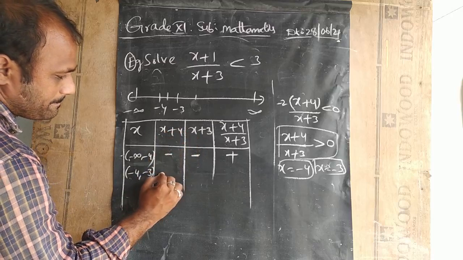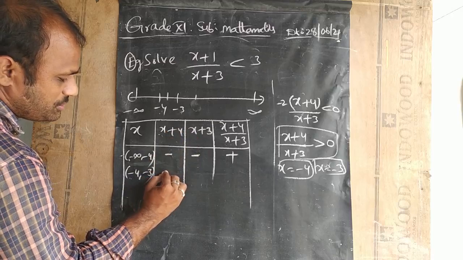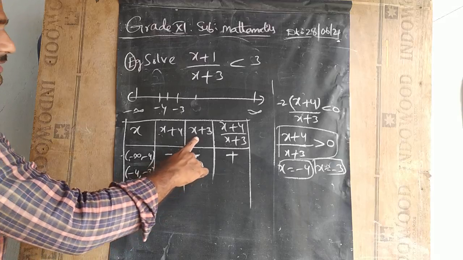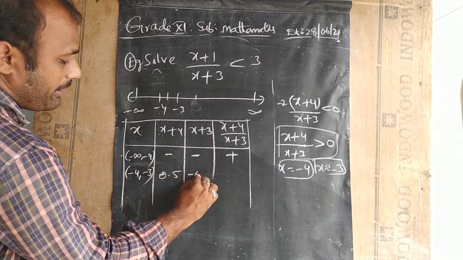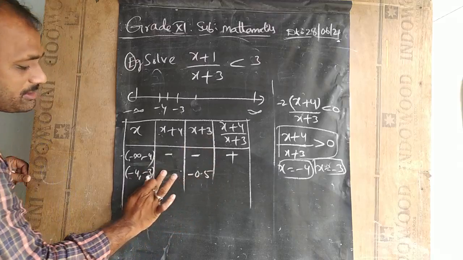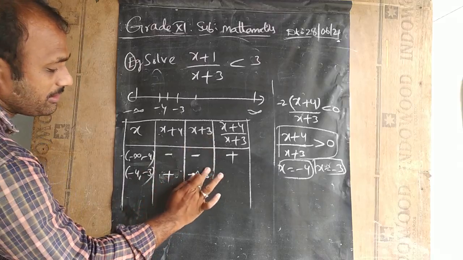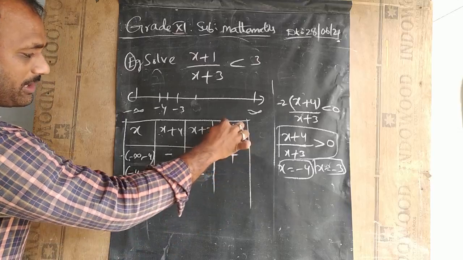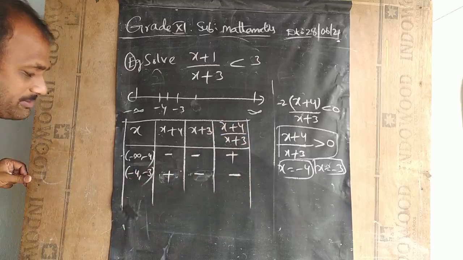It is 0.5, plus. And minus 3.5 plus 3 will become minus 0.5. So let us mark only the symbols: plus here, minus here. Plus divided by minus, the answer will be minus.